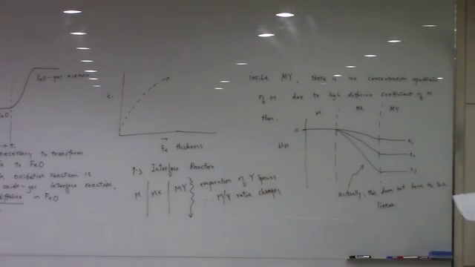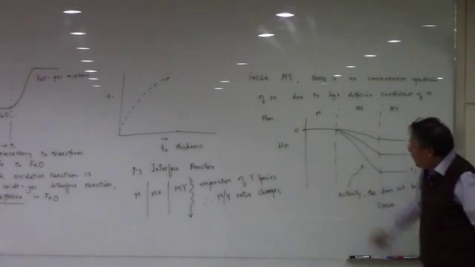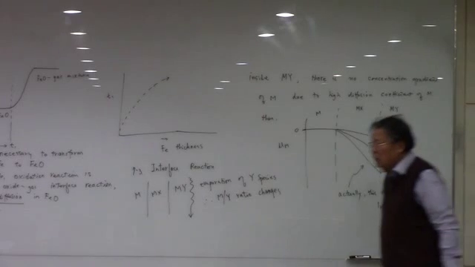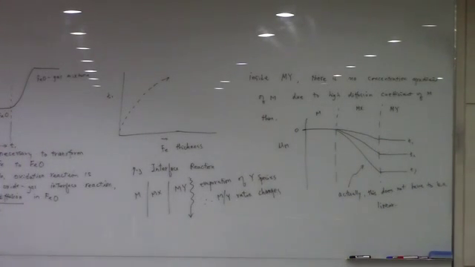But we can see the interface reactions by monitoring the chemical potential, which is again related to the electric potential, the voltage of the two electrodes.